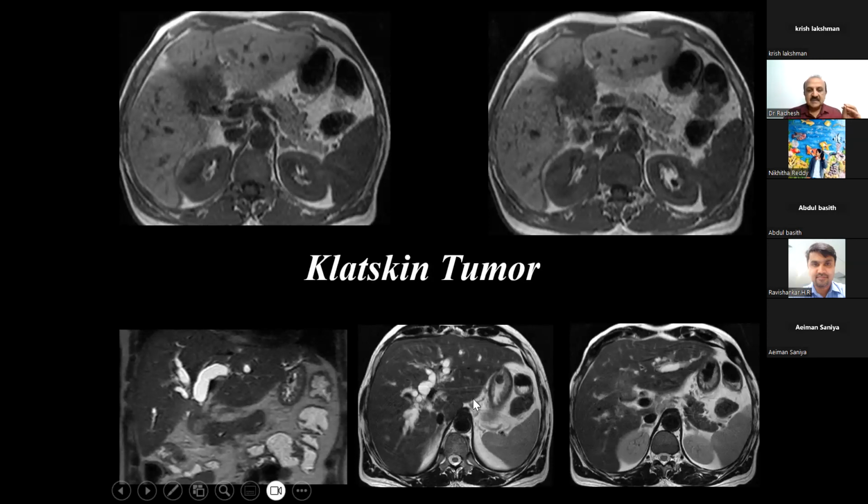So how much resection is needed, you can easily plan. So that is why it's so important for us to do the T1 and T2 weighted sequences, not just MRCP. You can even do away with MRCP, I'm telling you, but you can never do away with these source images, the T1 and T2 weighted sequences.